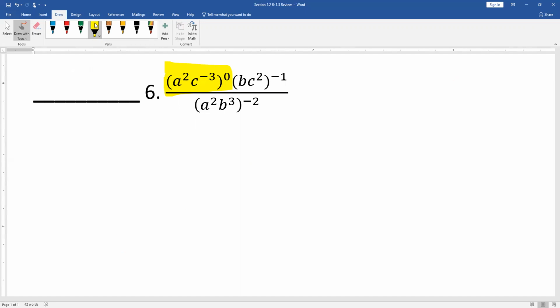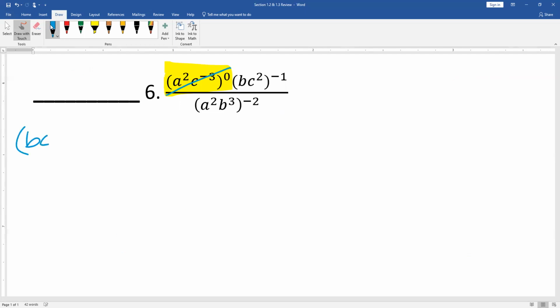So you can just completely eliminate that from the problem because it's just a 1. Just ignore it. Now we have 2 negative exponents. Remember that a negative exponent is equal to its reciprocal with a positive exponent. So let me show you what I'm talking about.